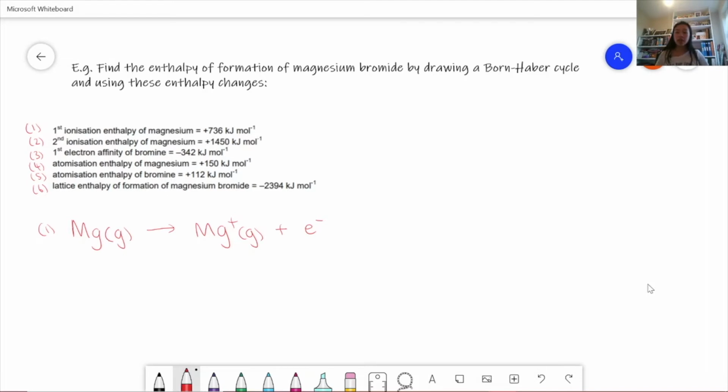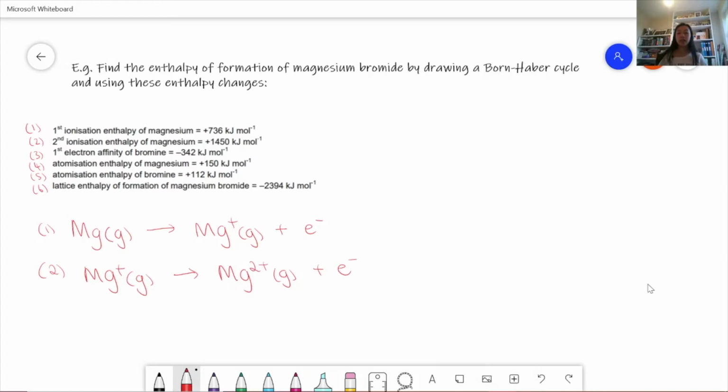And then our second equation, the second ionization enthalpy of magnesium, that would be removing the outermost electron of 1 mole of Mg+ ions in the gas phase to form 1 mole of Mg2+ gas ions. And so we have Mg+, which is a gas, and another electron is removed. So we get an Mg2+ ion, which is a gas, and an electron.